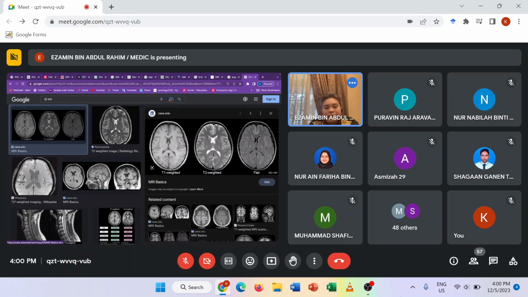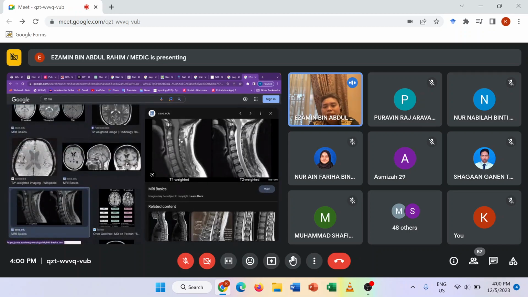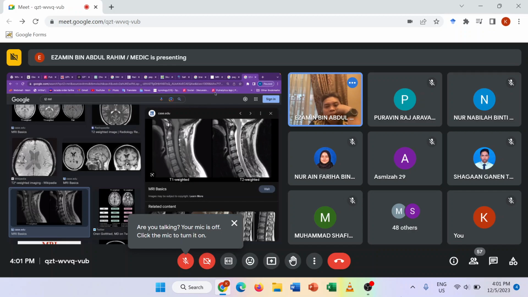Alright. It's the same in the cervical area, and CSF. And this is fluid, there is a bit of fluid in our disc. So same concept. This one T1, this one T2. Okay. All right. Any questions?